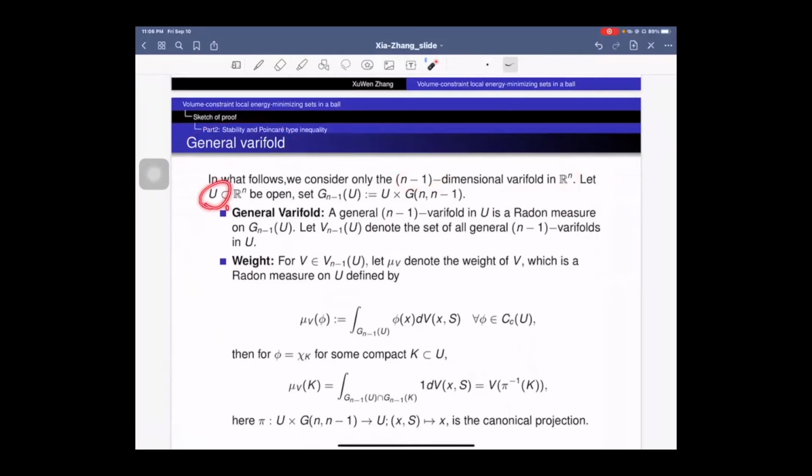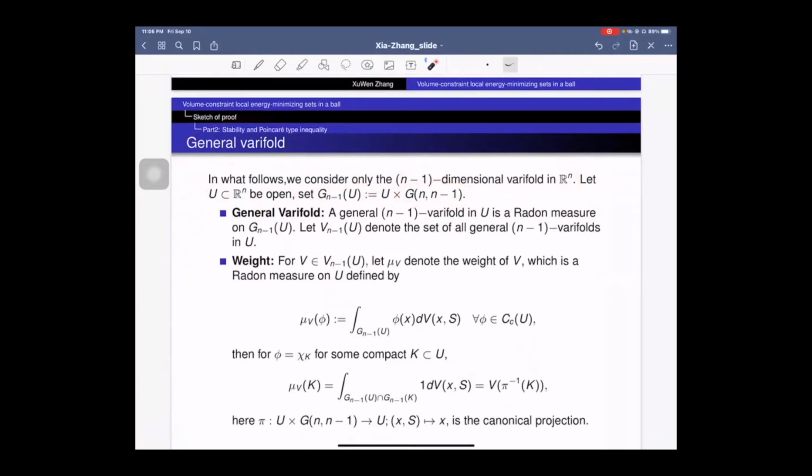Let U in R^n be an open set, and we set G_{n-1}(U) to be the product space of U times the Grassmannian. This is the set of all n-1 dimensional affine spaces in the Euclidean space R^n.